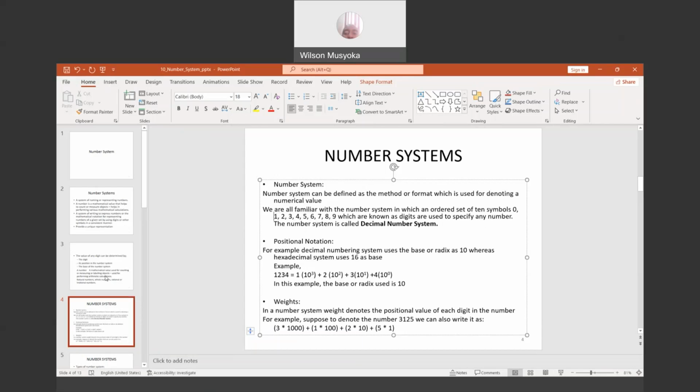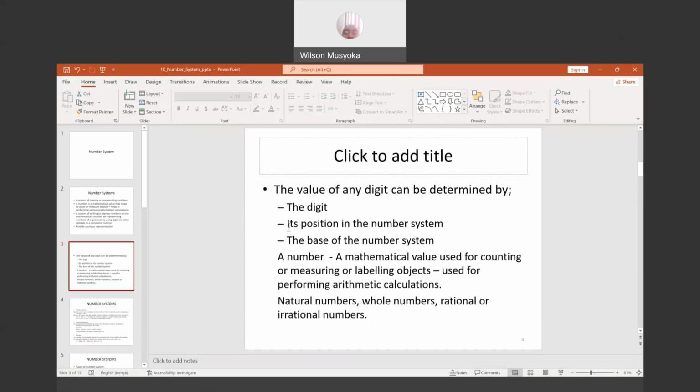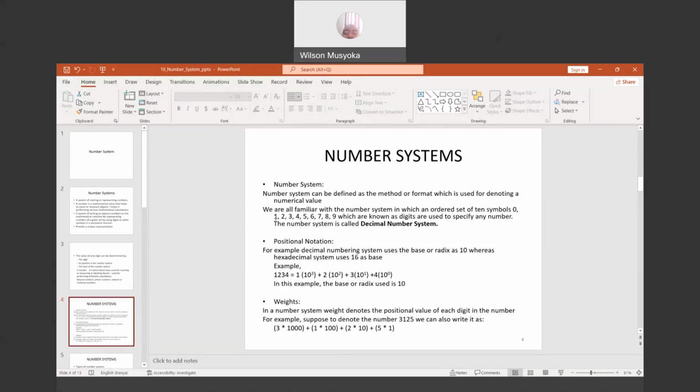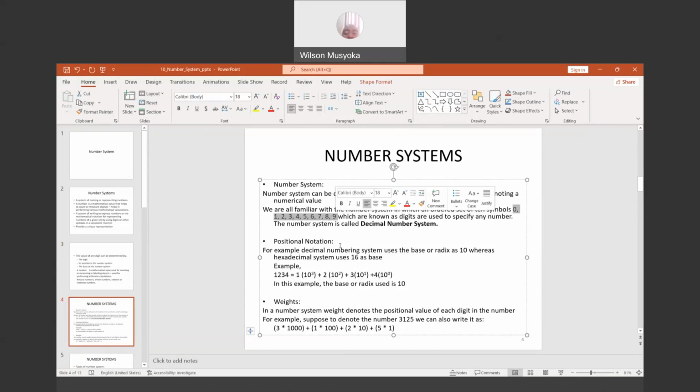That is an aspect which we need to understand, where we are talking about the position of the number in the numbering system. And then the base. The base refers to the total number of digits. So here we are talking about 10 possible digits, so the base of this numbering system is base 10. In simple terms, the base or the radix is 10. That is very important to understand.